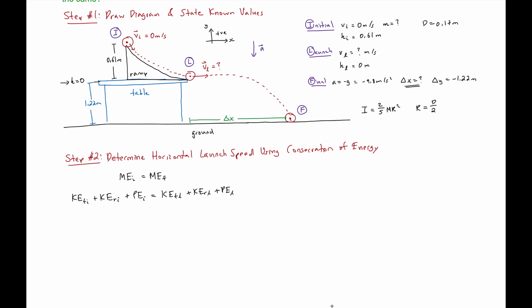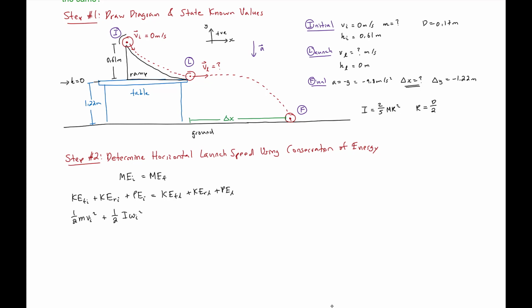Translational kinetic energy is 1/2 m v_i squared. Rotational kinetic energy is 1/2 I omega_i squared. Just looking at this, we do need to label omega on our diagram, so we forgot the angular speed.